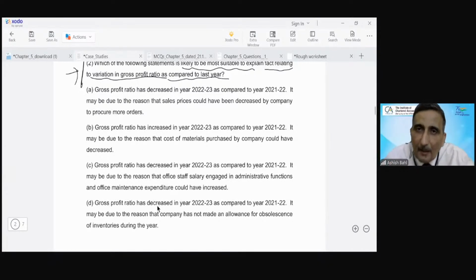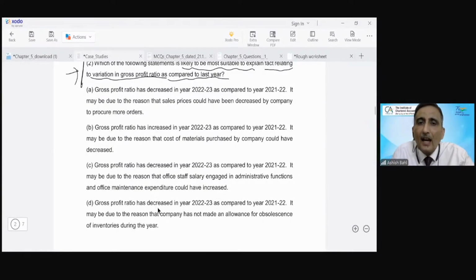Now take your time, students. Do not send your answers in a hurry, please. At least take 3-4 minutes. This question is a little bit tricky, so try to answer it correctly.